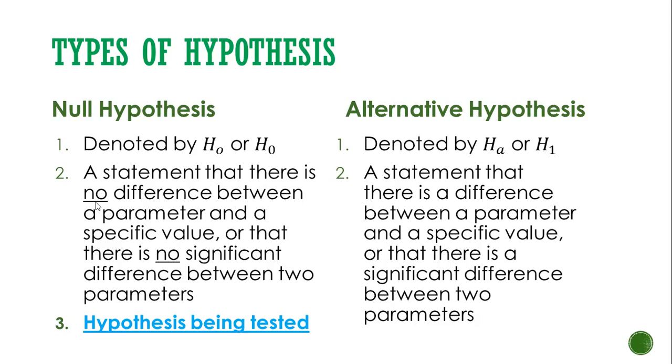And then, please take note that under your null hypothesis, wala siyang difference. No difference. Sa kabila naman, meron siyang difference. Okay? There is a difference dito. Yan. So, ano ulit yung difference niya? Not equal, pwedeng greater, pwedeng less. Yan, ha? So, dito, no difference. Therefore, this is just equal.